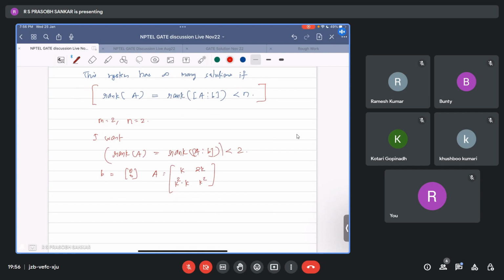Now, this first part is anyway true. The rank of the matrix with rows K, 2K and K square minus K, square is always the same as the rank of the augmented matrix, because we are appending a 0. When you add a 0, the rank will not change.